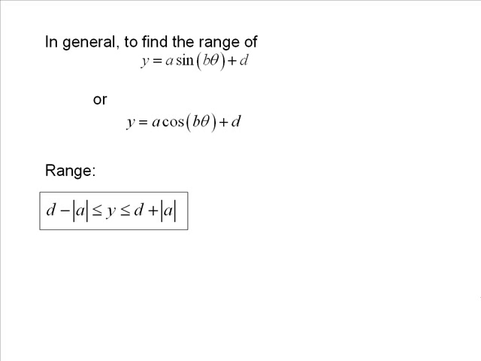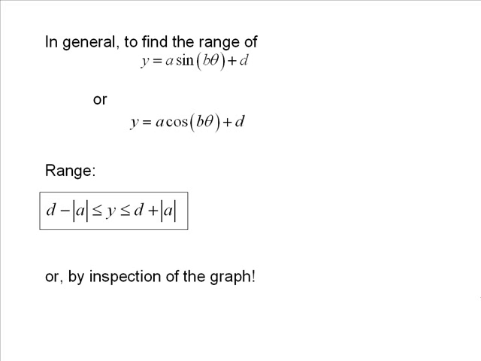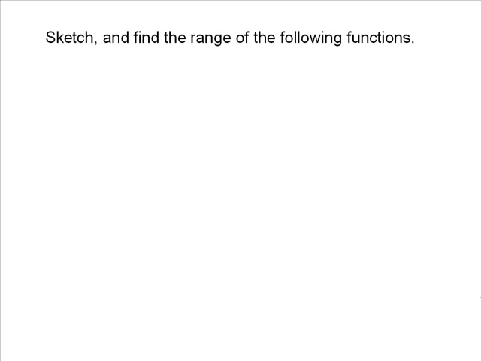This is not provided on any formula sheet, but it is fairly intuitive. My advice is, use that if you want, but the inspection of the graph will usually work. You can tell just by looking at the graph what the upper and lower limit are. So don't rely overly much on the formulas.